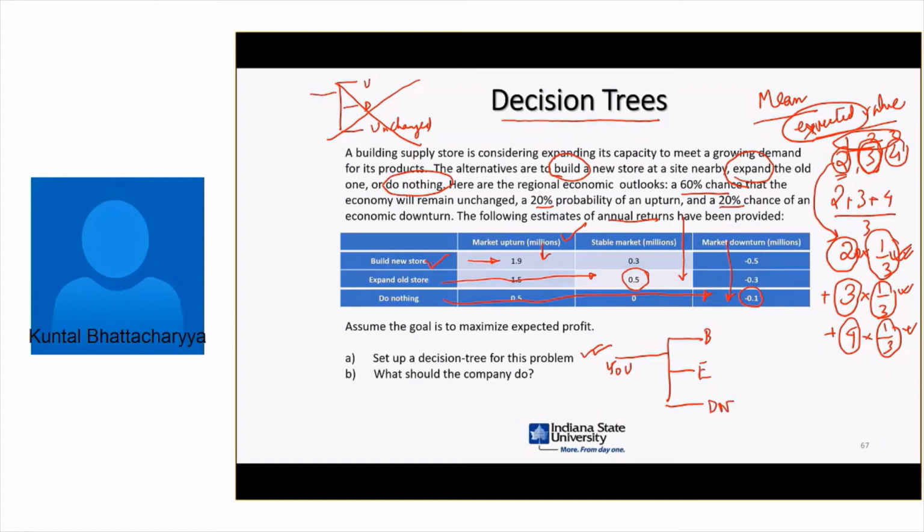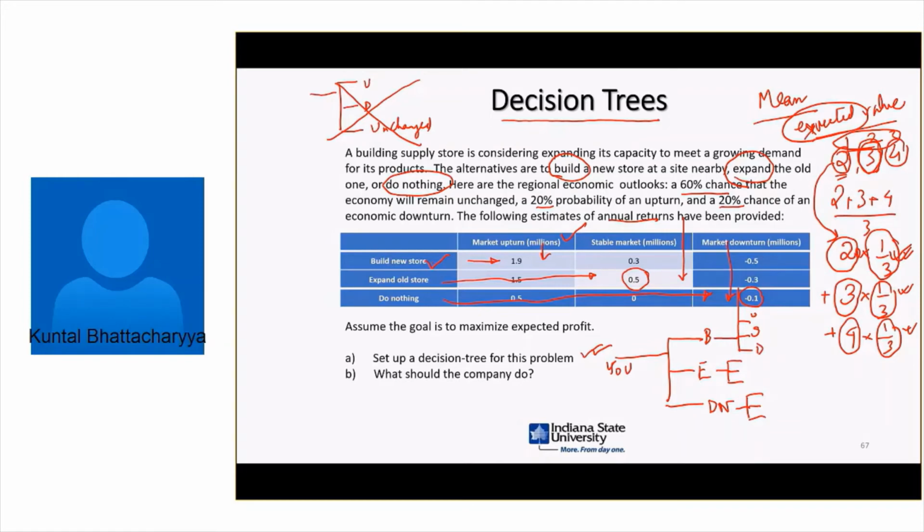Now for each one of these options, you now have 3 economic possibilities. One is an upturn, one is a stable market, the other is a downturn, right?